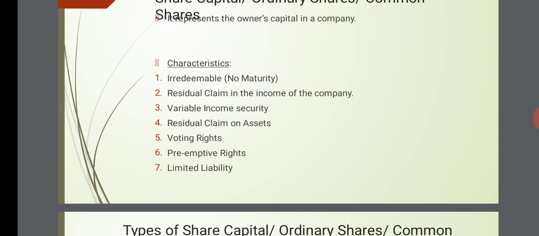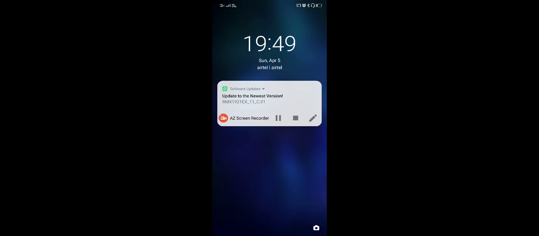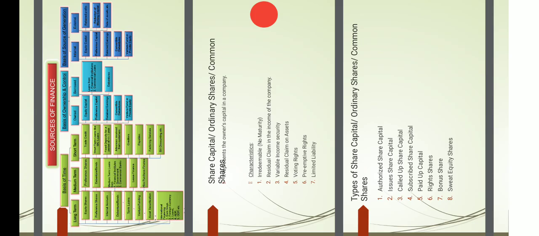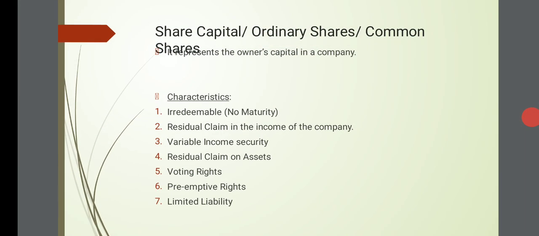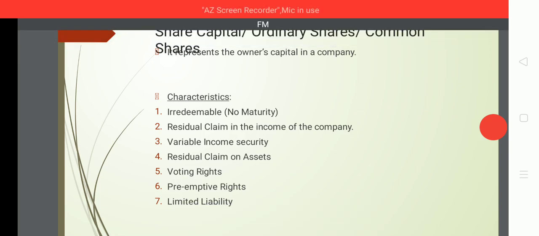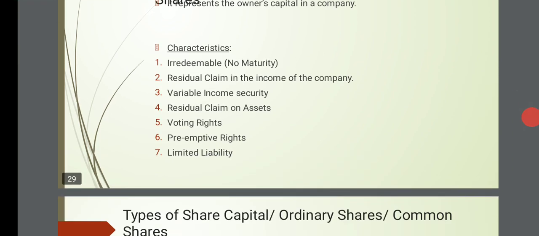Then they have preemptive rights. They have the right to take decisions, and limited liability. So the liability of the ownership shareholders is limited to the extent of the shares held by them, the percentage of shares held by them.